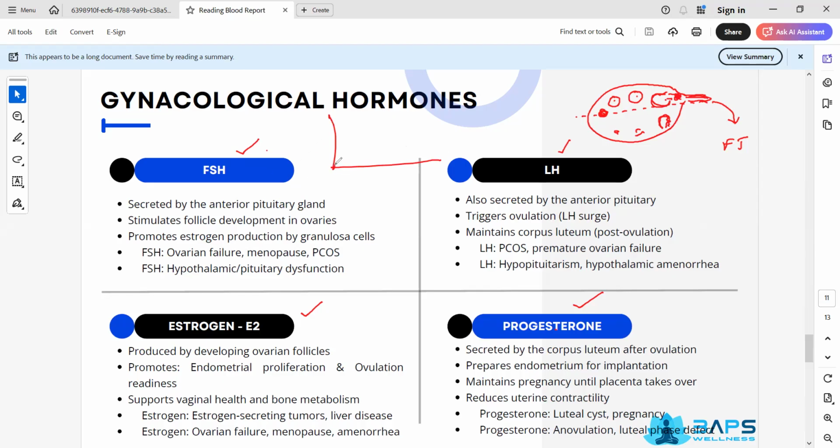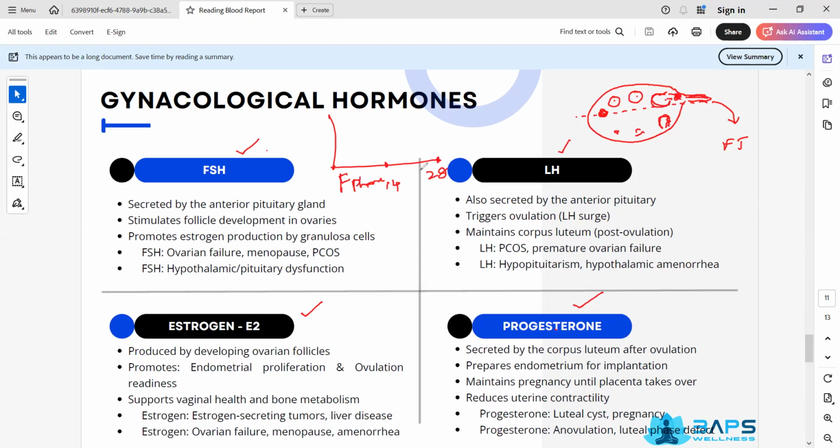If a girl or lady is having a regular menstrual cycle of 28 days, from the date of the period, just go back 14 days. That is the day of ovulation. FSH will always be more in the first phase, which is called the follicular phase.